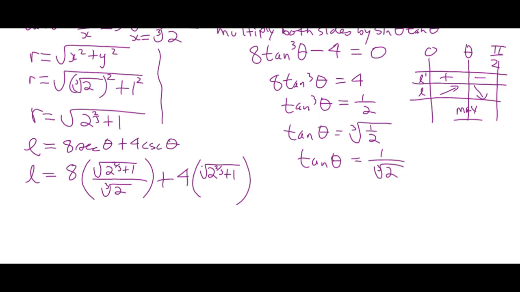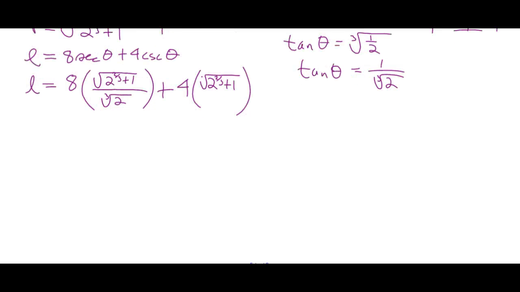Now we could simplify it. We could factor out a 4 times the square root of 2 to the 2/3 plus 1. So I will, just for the heck of it: 4 times the square root of 2 to the 2/3 plus 1, times 2 over the cube root of 2.